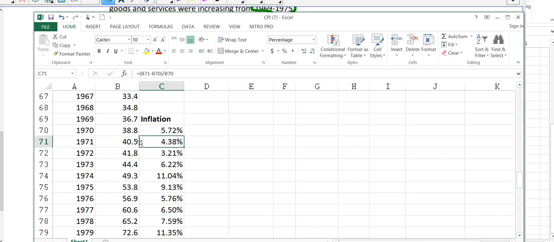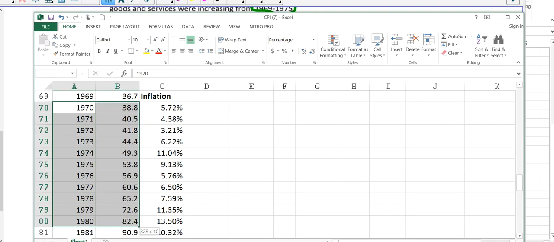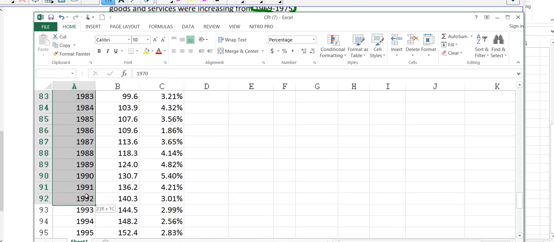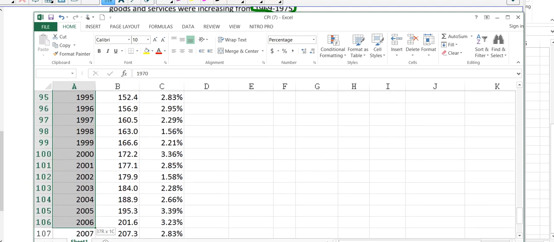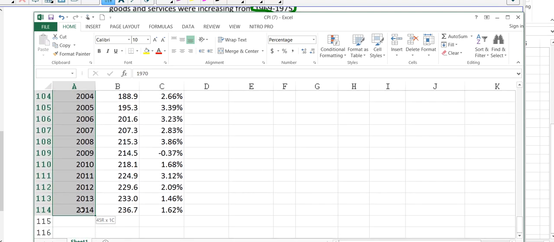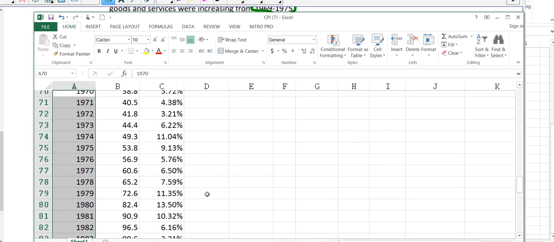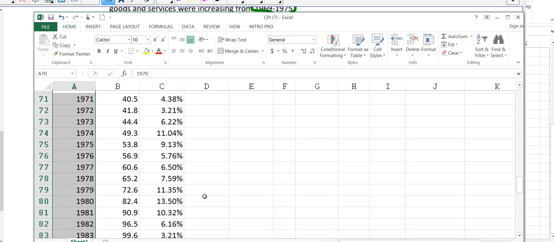But if you were asked to graph some of these inflation years, remember you can highlight your years. So let's say I highlighted, just from here, down to 2014. Okay, so I've highlighted from 1970.